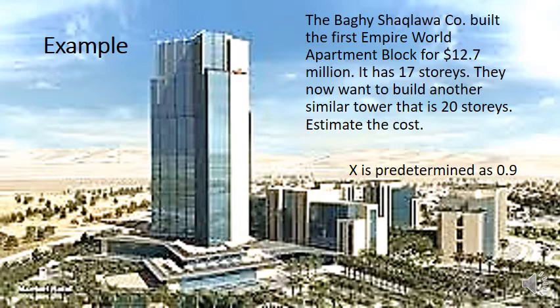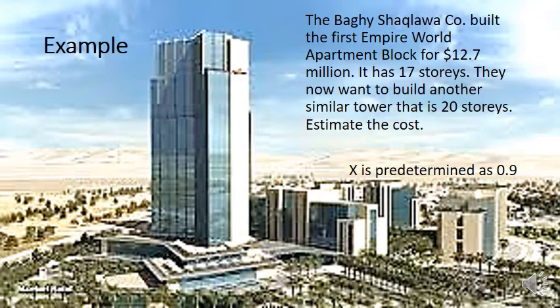It actually cost far more than that, I'm sure, to build. But anyway, let's use this example: $12.7 million, and it has 17 stories. Now, they want to build another tower, which is very similar, same type, and it's going to be 20 stories.